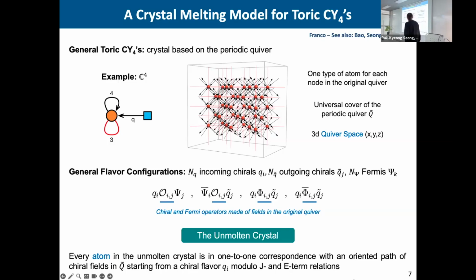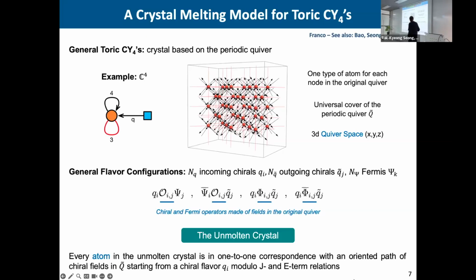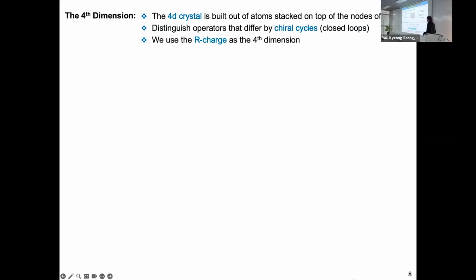The molten crystal, every atom there, atom or stone, some people call it, is in one-to-one correspondence with an oriented path of chiral fields in the periodic quiver, which starts from an incoming chiral flavor Qi, modulo the vanishing of J and E terms relations. Okay. So the crystal is actually going to be 4-dimensional. There is going to be an extra dimension on top of this 3-dimensional quiver space.